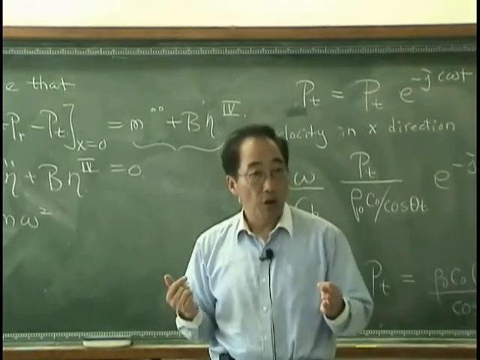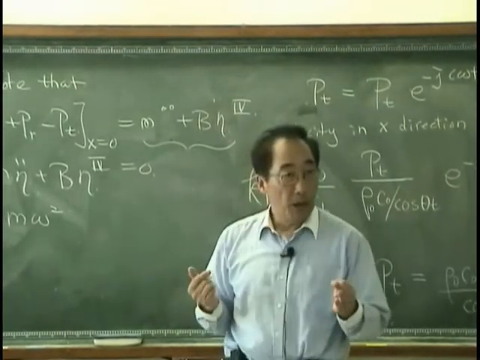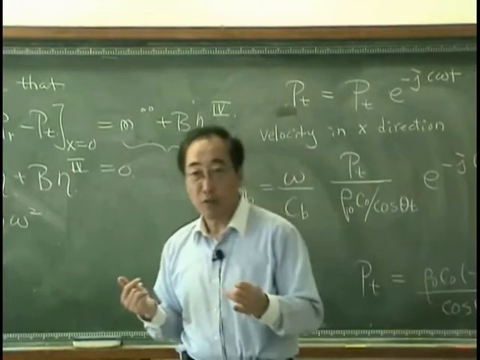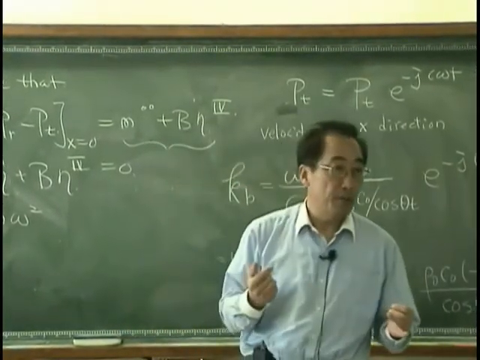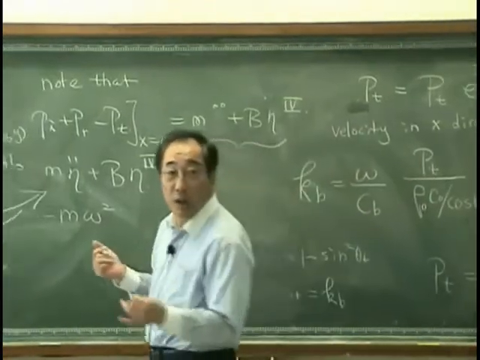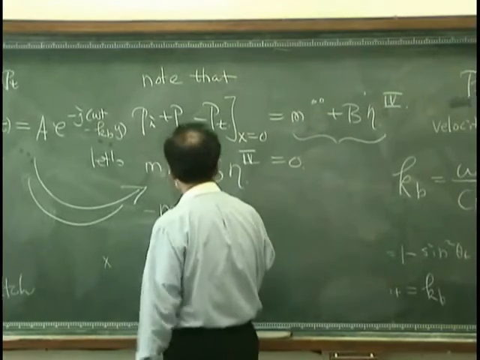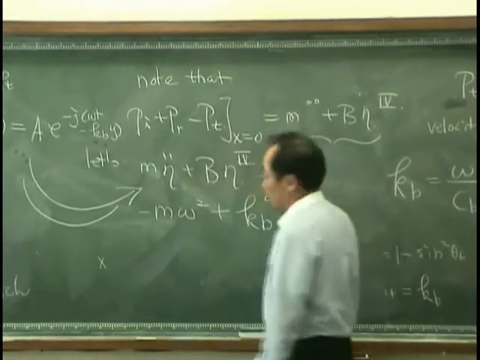One more, minus jkB to the third. And one more, I have plus kB to the fourth, right? That is 0.